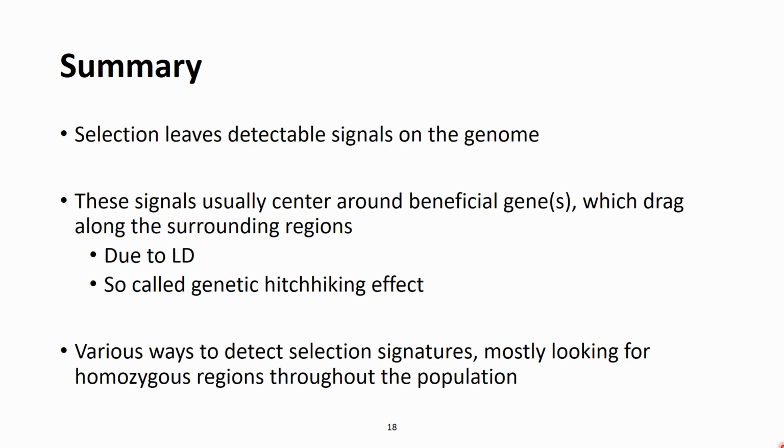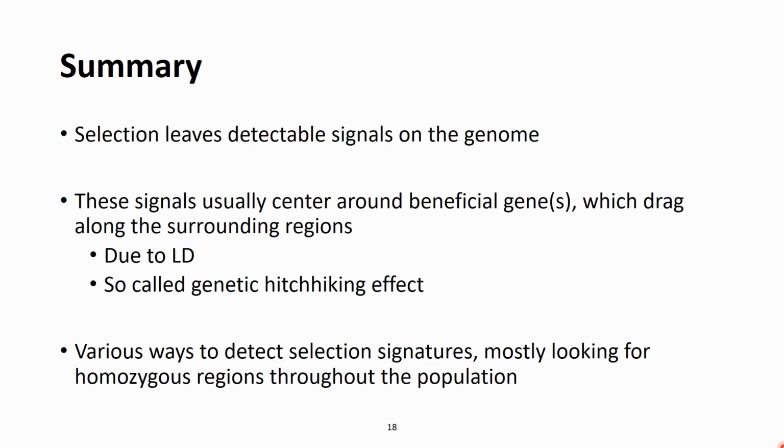Of course, here are also various options. It could be a so-called hard sweep, which is in the entirety of the population, or a soft sweep, which is in part of the population. Also, there are various ways to detect selection signatures. There are plenty of methods, approaches, and software which look for homozygous regions throughout the population or some kind of pattern that could be used to identify such signatures.